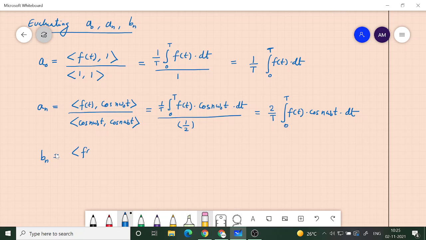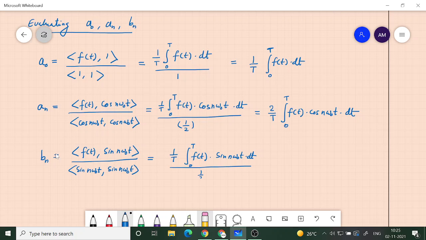So this is f of t inner product with sin n omega 0 t divided by sin n omega 0 t with sin n omega 0 t, which is 1 by T integral 0 to T f of t sin n omega 0 t dt divided by half again.